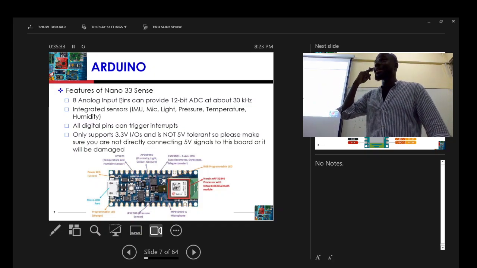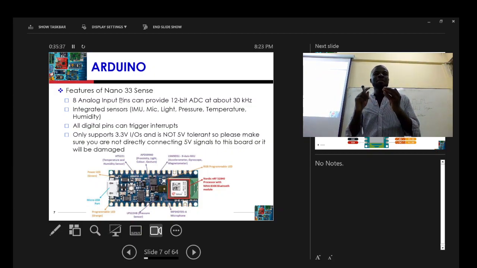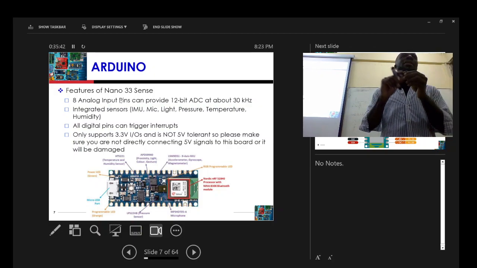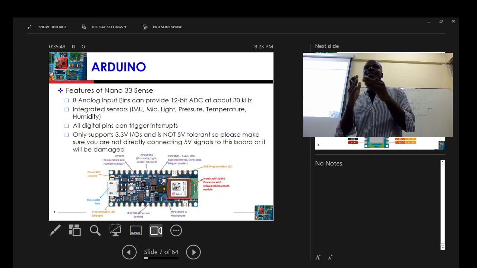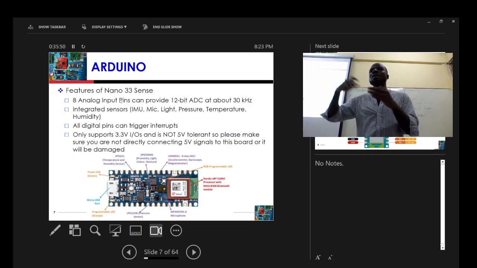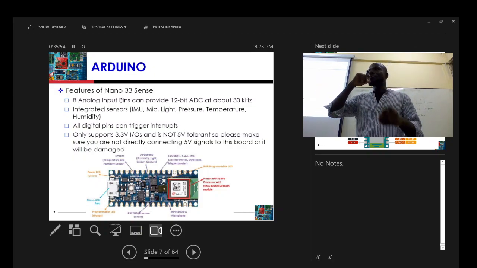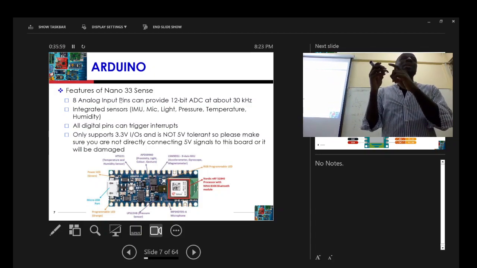The issue is that the CPU within the Arduino boards is digital in nature. It accepts digital signals, signals that are discrete, ones and zeros. But once you bring an analog signal to the CPU, it doesn't understand analog signals.